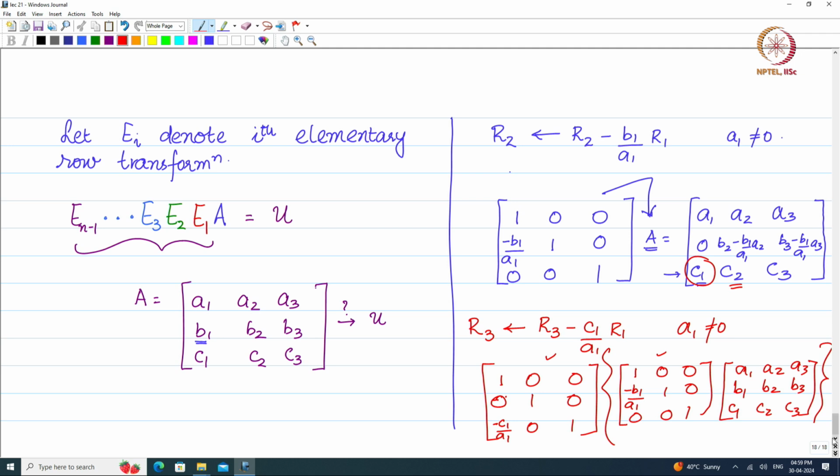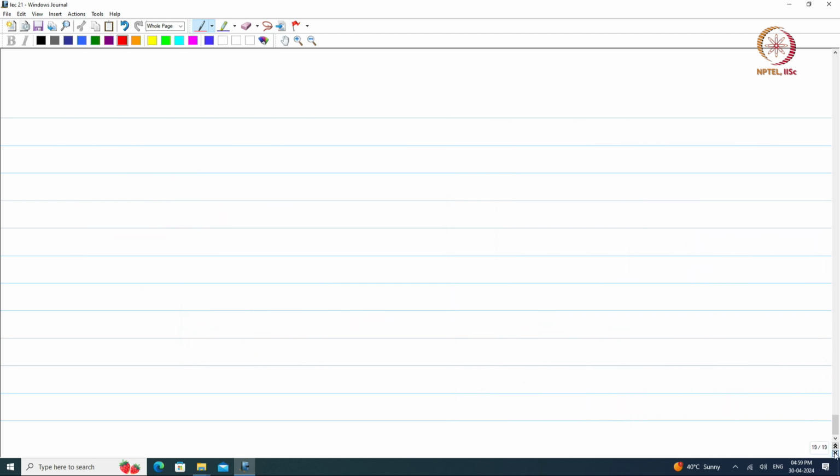We go back to the same thing: first I apply E1, E2, then I apply E n minus 1 on the matrix A to get this matrix U, which is an upper triangular matrix.